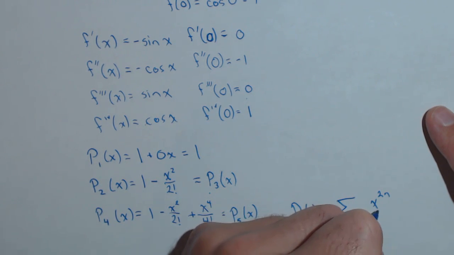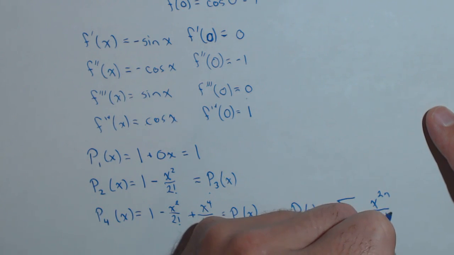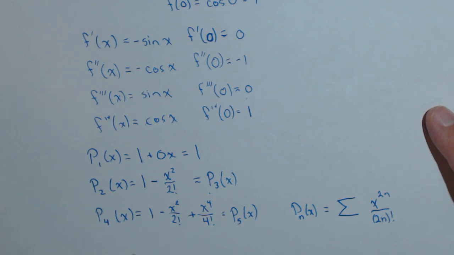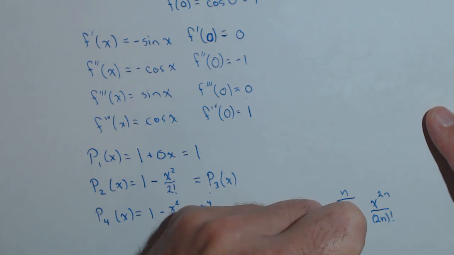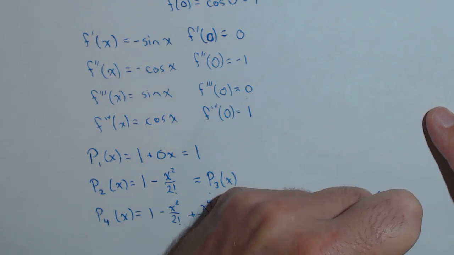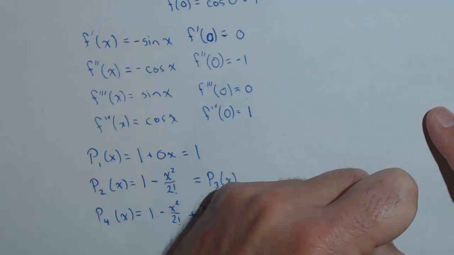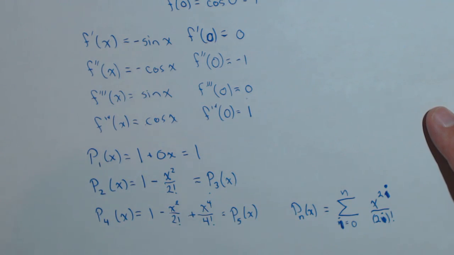So x to the 2i, we'll keep that even, over 2i factorial. And this is going to go from 0 to n, and I shouldn't be using n twice, excuse me. Those should be i's.